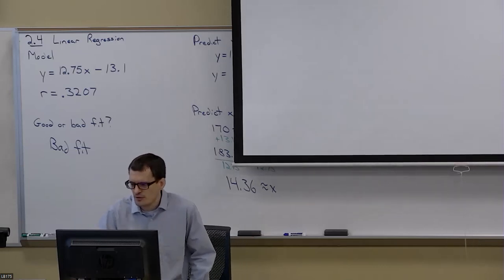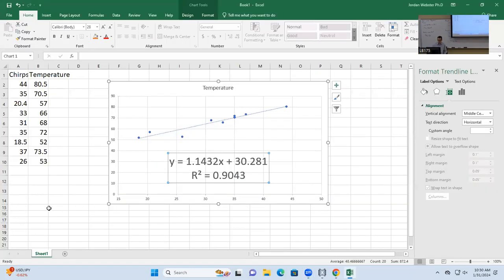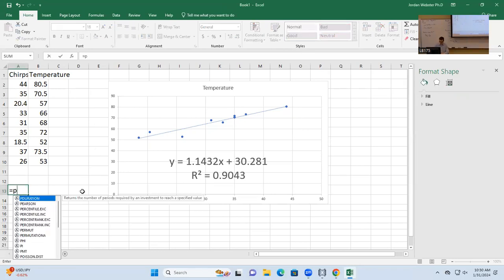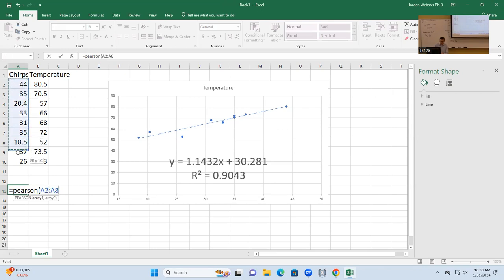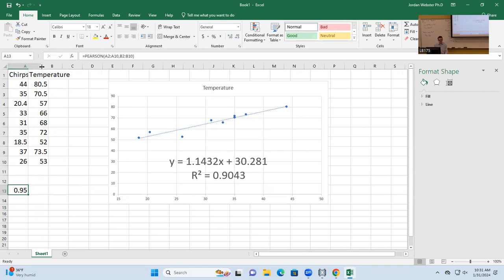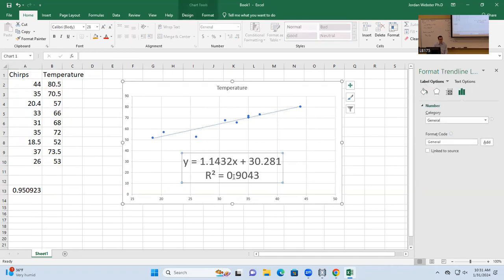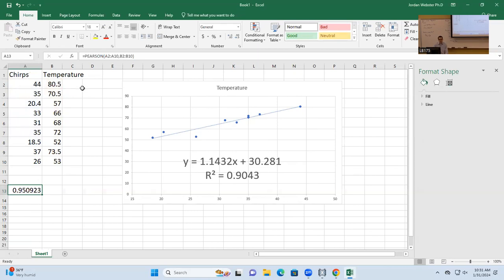But also, if you just write Pearson and then highlight your X values, and then hit a comma, and then highlight your Y values, notice that we get the exact same thing, 0.9509, which is in fact the square root of that number, right? Which is what we saw.